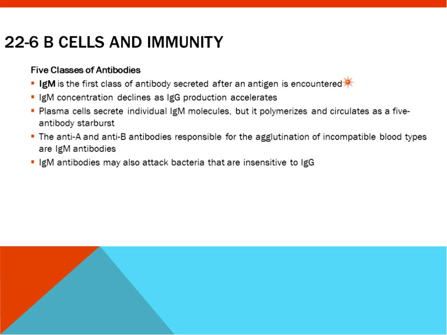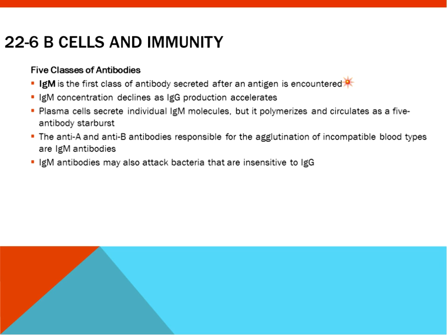Plasma cells secrete individual IgM molecules, and it acts as a 5 antibody starburst. That is more of a structural discussion on what this antibody looks like. Anti-A and anti-B antibodies: if you have type A blood, you have anti-B antibodies. If you have type O blood, you have anti-A and anti-B, and the whole blood typing business we talked about.